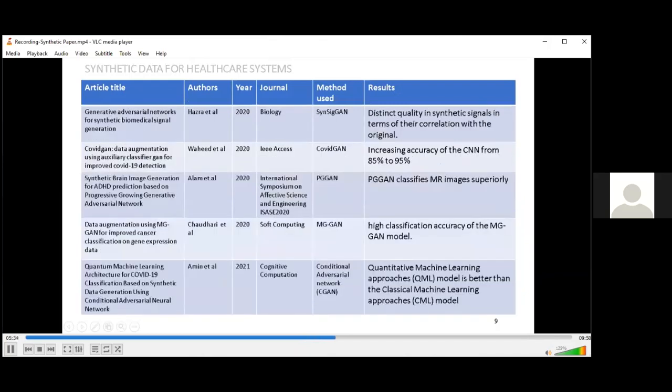For example, this article talked about COVID GAN, data augmentation using auxiliary classifier GAN for improved COVID-19 detection. Their method was COVID GAN, which is also a developed method of GAN. The result was increasing the accuracy of the CNN from 85 to 95%.